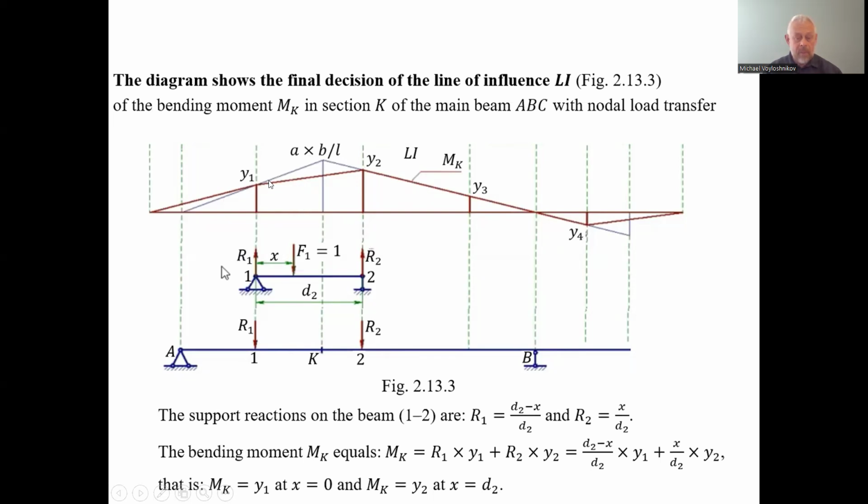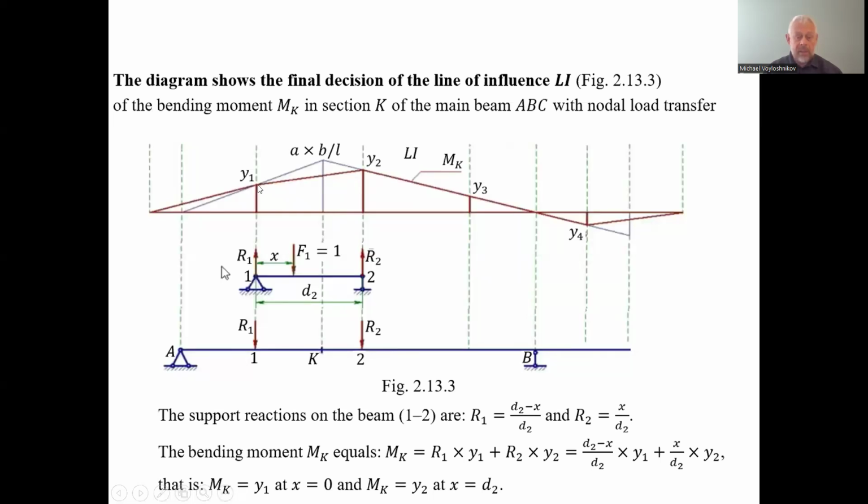But we have to connect the adjacent ordinates by straight segments of line, and we have a broken line finally. So we do not have this one vertex.